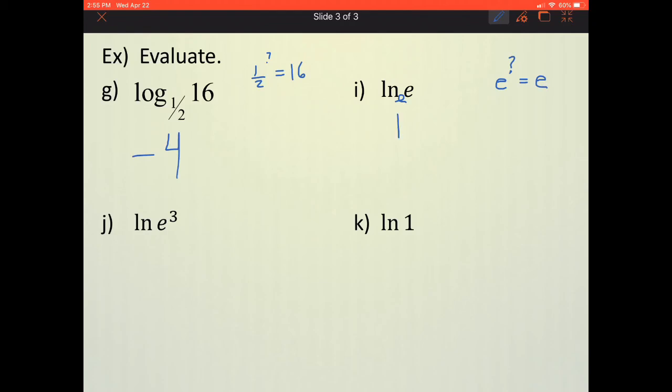It's not changing anything. And we could put that into our calculator if we want to. I'll do that for another example. All right, let's take a look at J. So again, my base is e. So e to what power gives me e to the 3rd? Well, 3, right? e to the 3rd equals e to the 3rd.